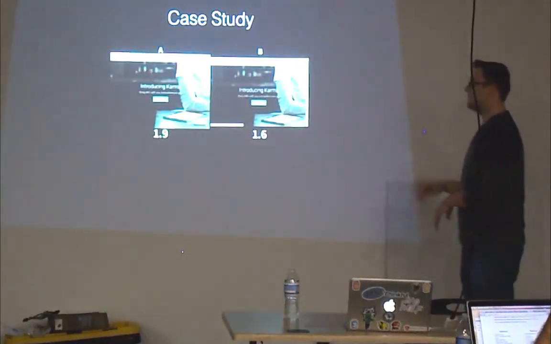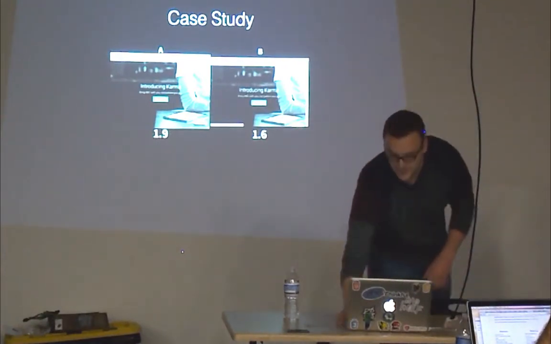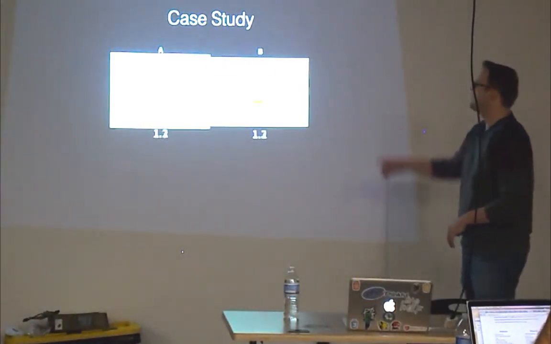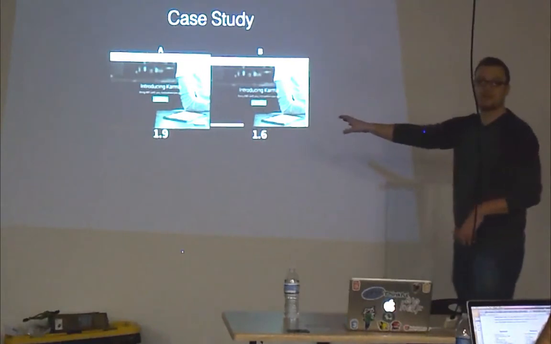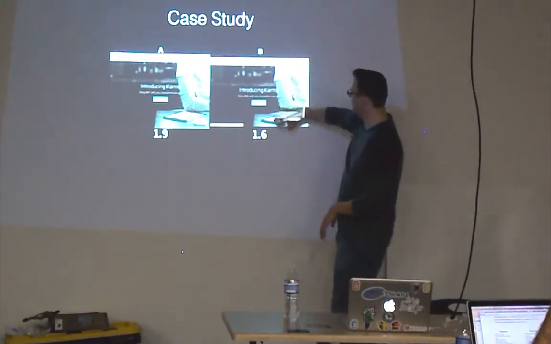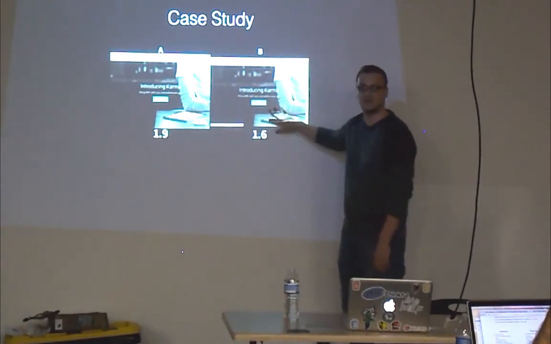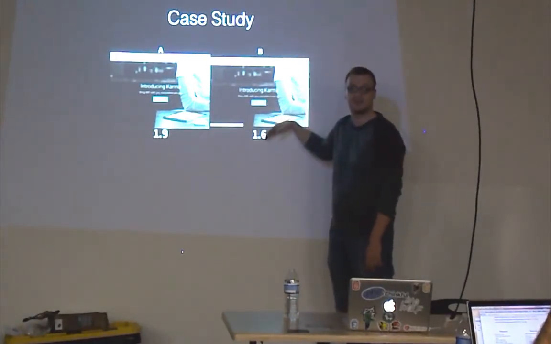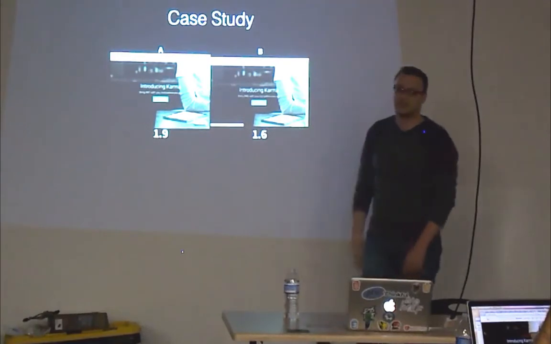So you'll notice, we'll take a look at it one more time. Test B is loading quite a bit faster than test A. And that's because the HTML, this image and everything else in the HTML is loading a lot faster than test A is.